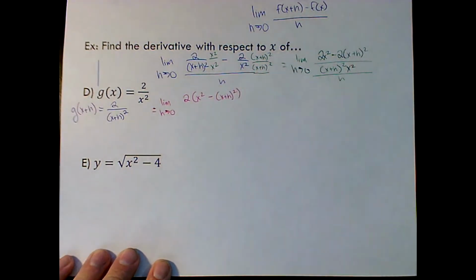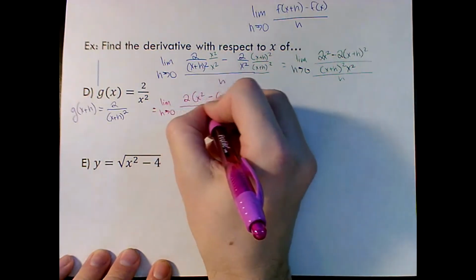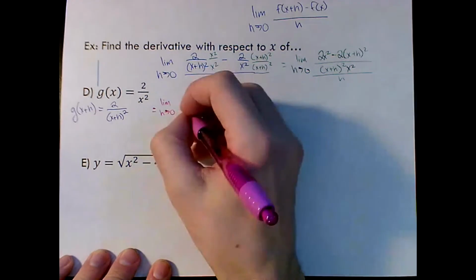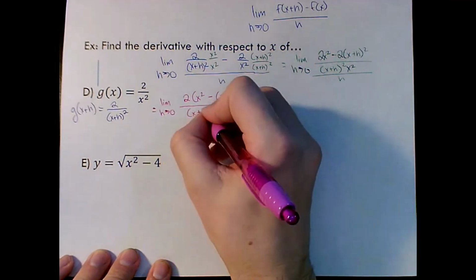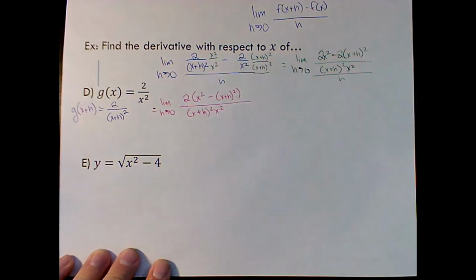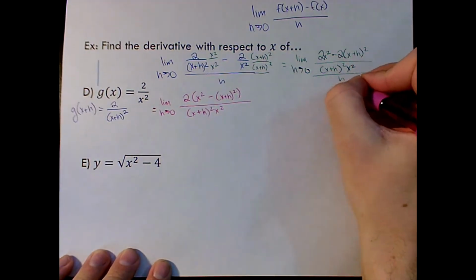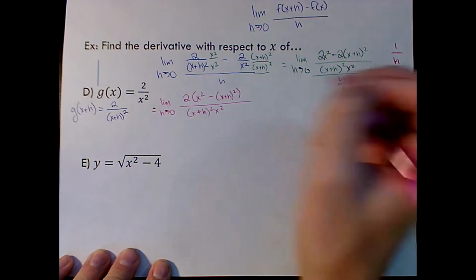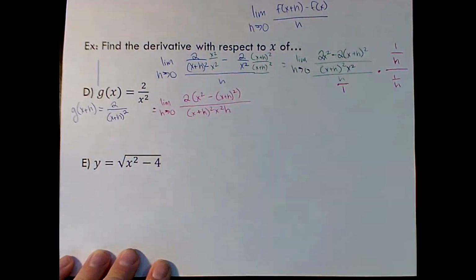All right. I have x plus h squared, x squared. Watch what else I do while I do that. That's going to be h over 1. So what I need to do is multiply the top and the bottom by 1 over h, and that's just going to throw another h down here.